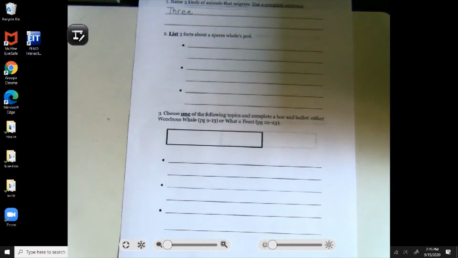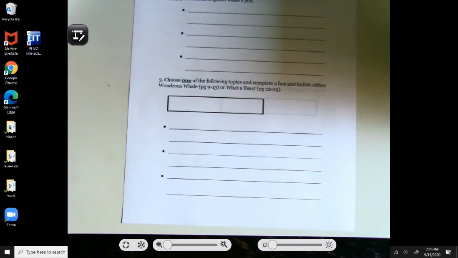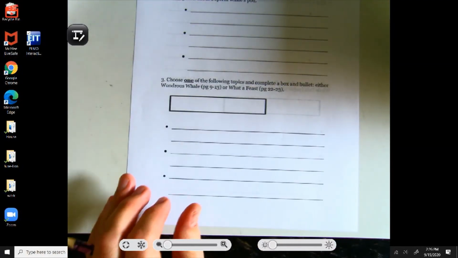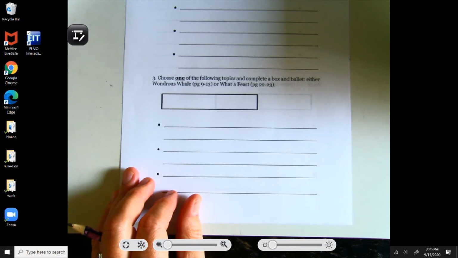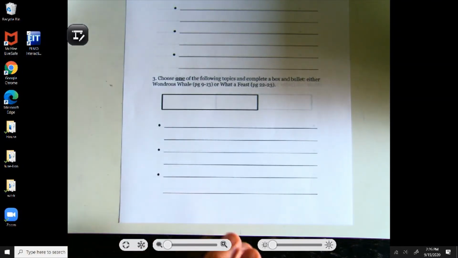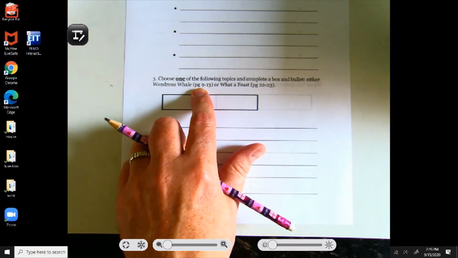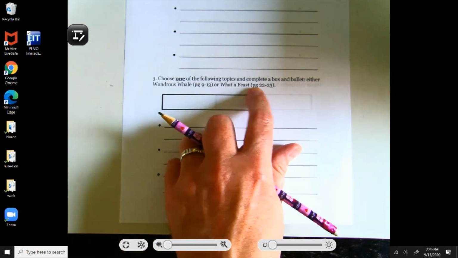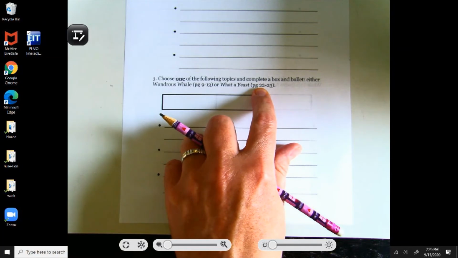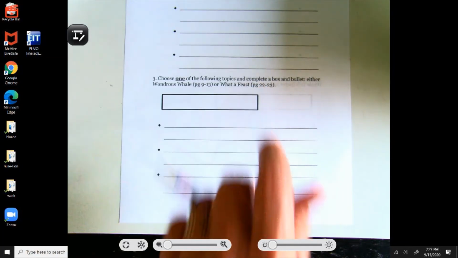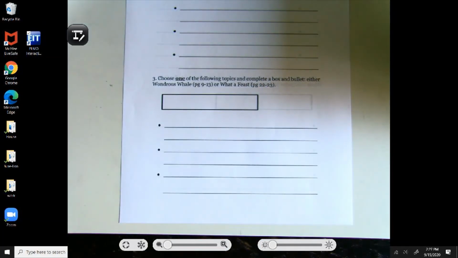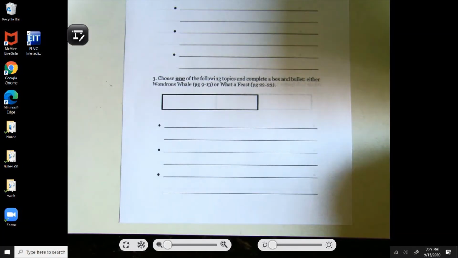So I'm going to scoot this up a little bit so you can see. So it says choose one of the following topics and complete a box and bullet. Either Wondrous Whale, so that chapter, which are these pages 9 to 13, or What a Feast, pages 22 and 23. So since we're doing it together, let's vote.